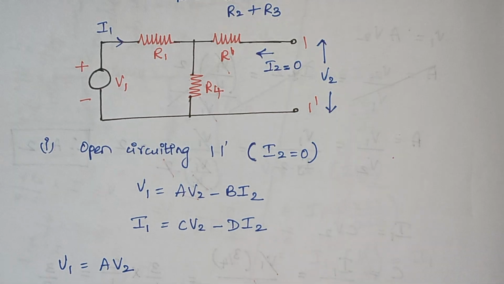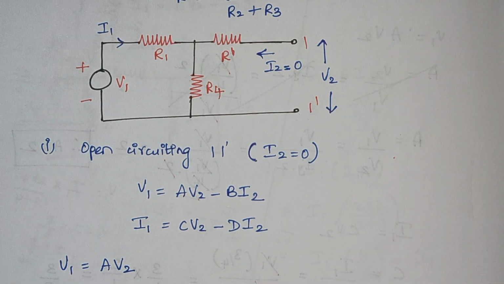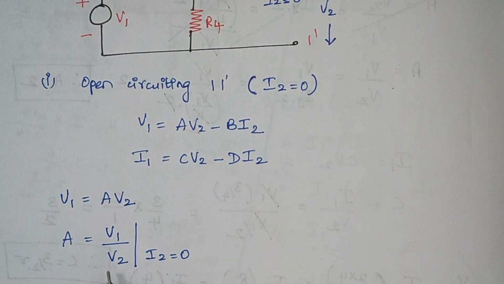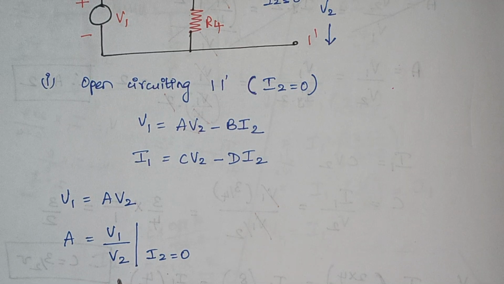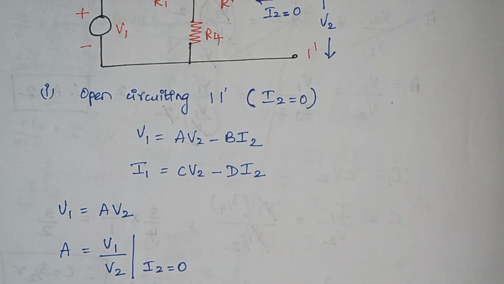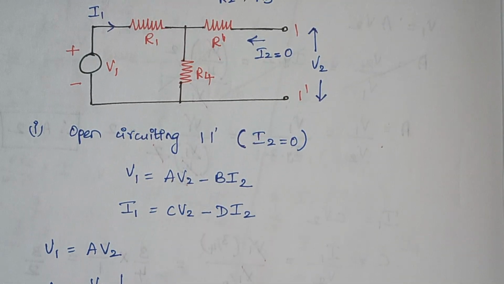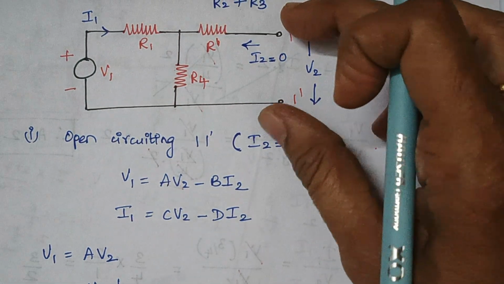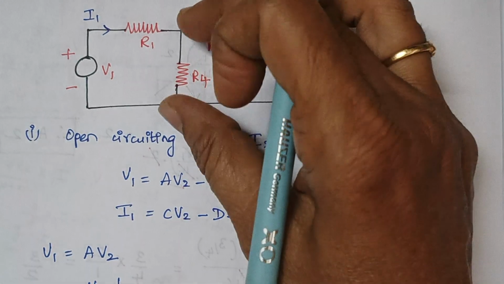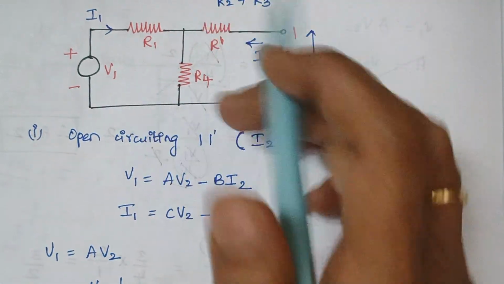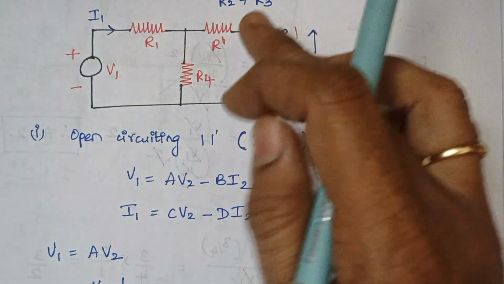Now the next thing is we are going to calculate V2, because A is nothing but the ratio of V1 by V2. How to calculate V2 here? V2 is nothing but the voltage impressed across this resistance R4, because no current flows through this resistor.